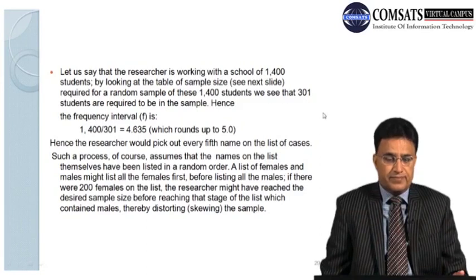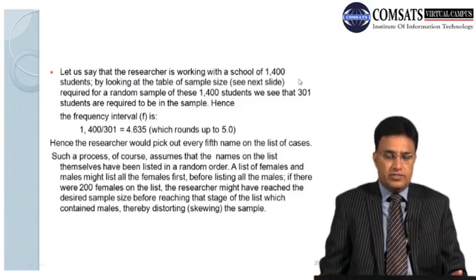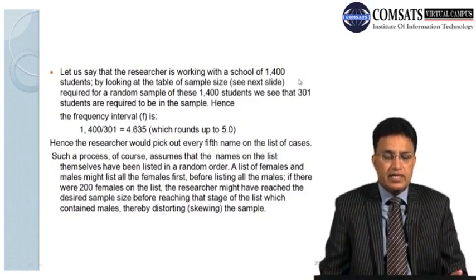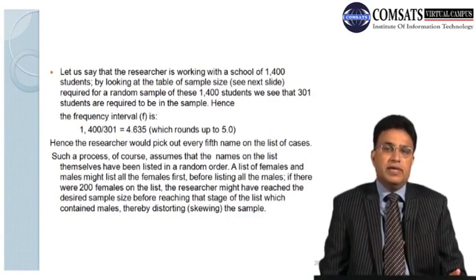Such a process, of course, assumes that the names on the list themselves have been listed in a random order. A list of females and males might list all the females first before listing all the males.